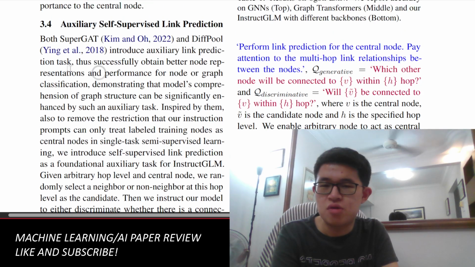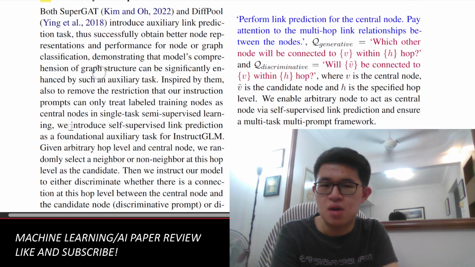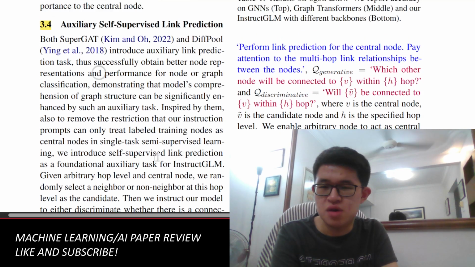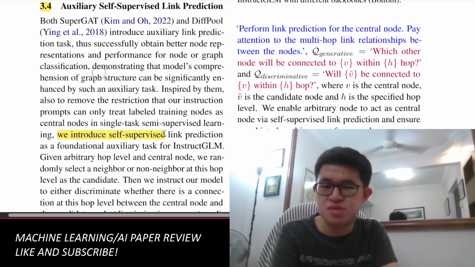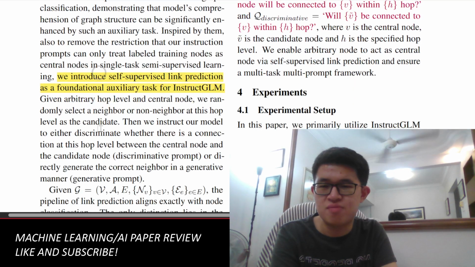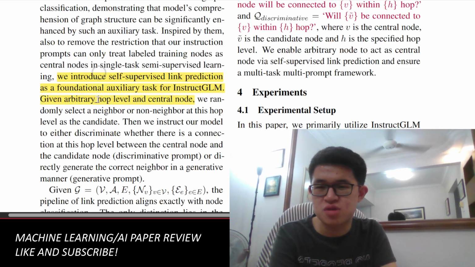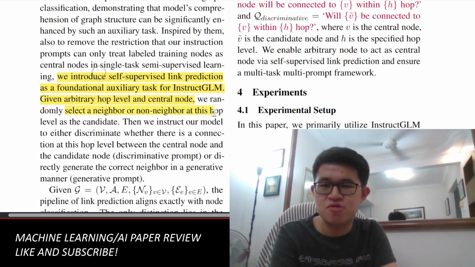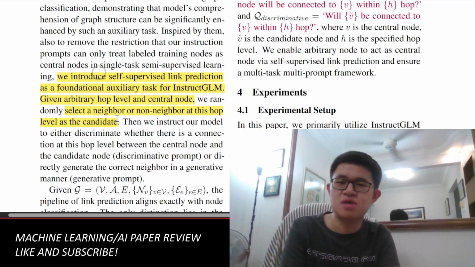Section 3.4, auxiliary self-supervised link prediction. They introduce a self-supervised link prediction as a foundational auxiliary model for InstructGLM. Given any hop level and central node, they first randomly select a neighbor or non-neighbor at this hop level as the candidate.